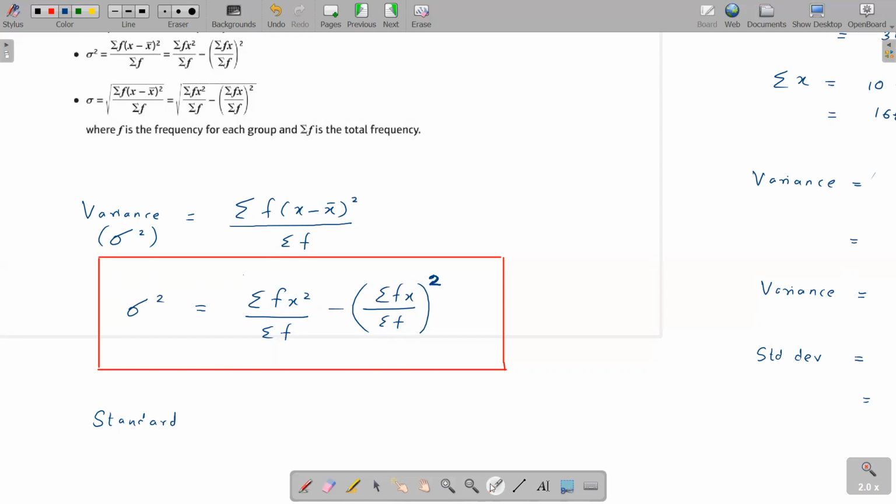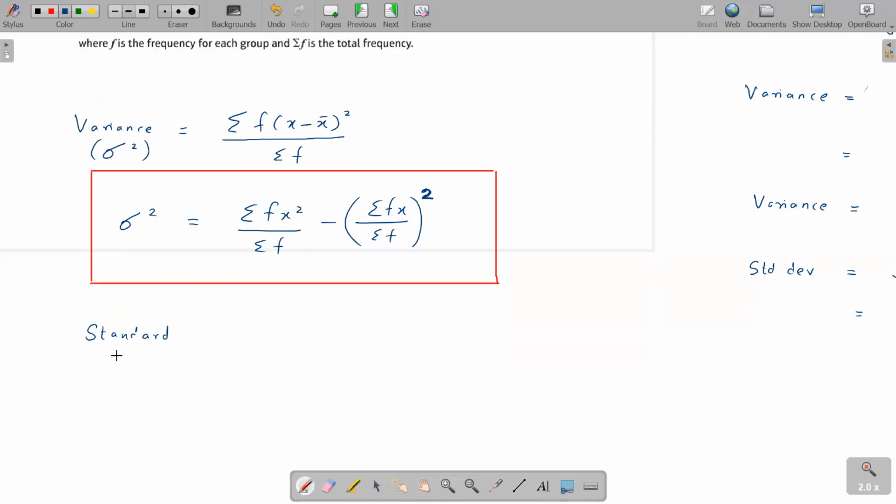Standard deviation is the square root of variance, so you square root the whole thing. Standard deviation is what we call sigma, and that is the one where you apply the square root.